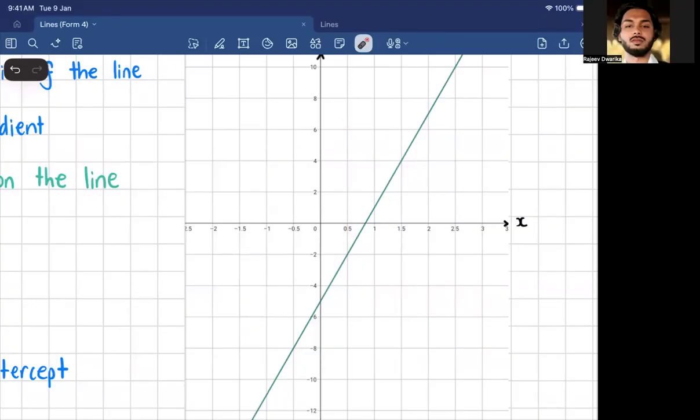It must be on the line because we're trying to find the equation of the line, right? But I thought it was the 6. Oh, well, negative 6. See, I'm not seeing the line. We should know that these are positive values.